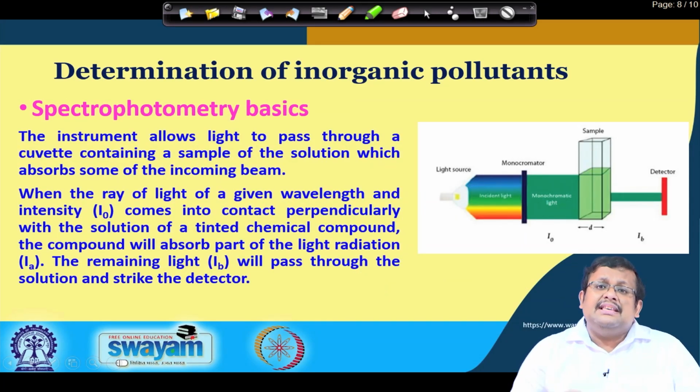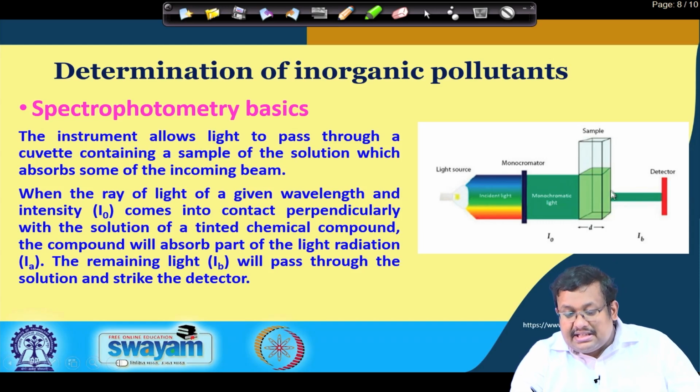Now, the basics of spectrophotometry say that instruments allow light to pass through a cuvette. A cuvette is a specialized container which contains the samples. The instrument allows light to pass through this cuvette containing the sample, which absorbs some of the incoming beam. So, if there is incident light, and we use a monochromator to convert it to monochromatic light, when the monochromatic light passes through the sample in the cuvette, some amount is absorbed and some amount is transmitted.